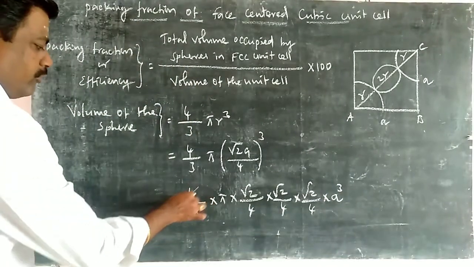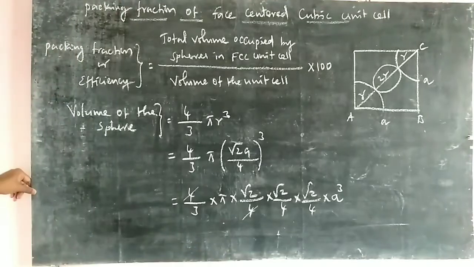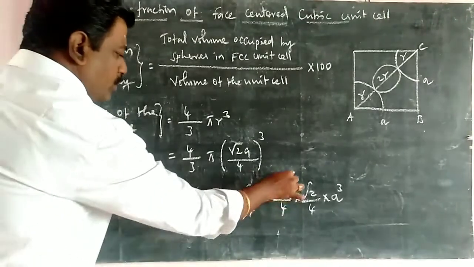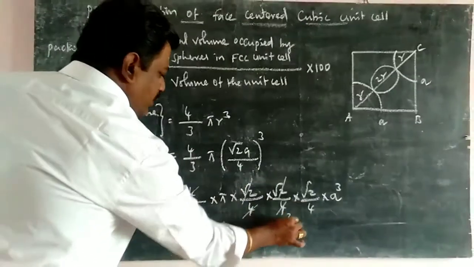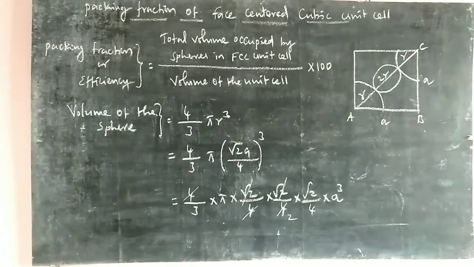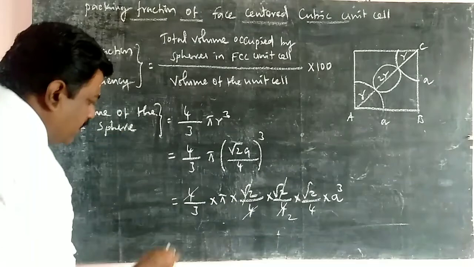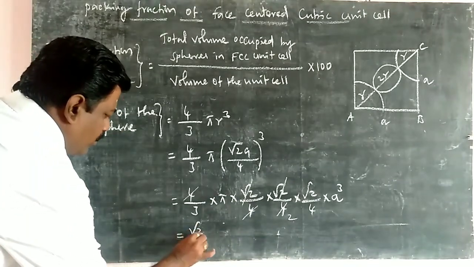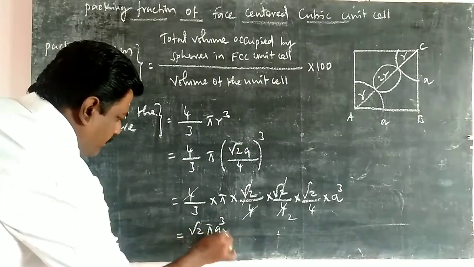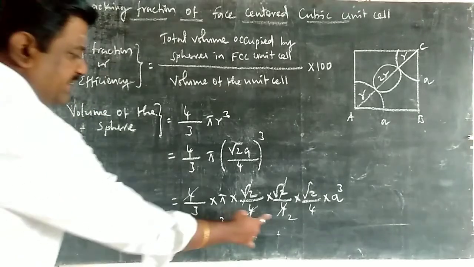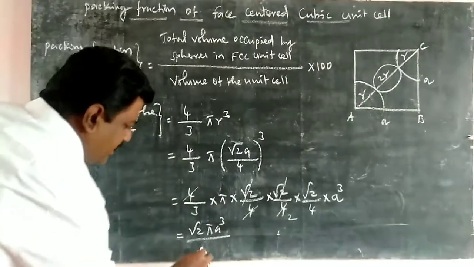Here 4 will be cancelled. Root 2 and 4, that is 2. Root 2 into root 2 divided by 4 means you will get 2. So the remaining answer is: numerator is root 2 pi a cube, denominator is 3 2s are 6, 6 4s are 24.